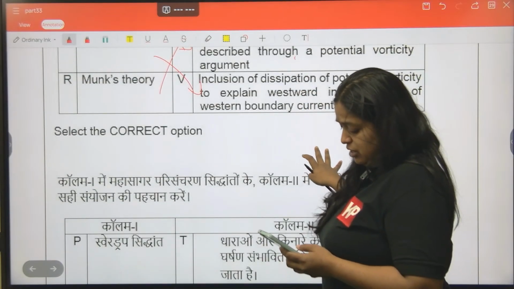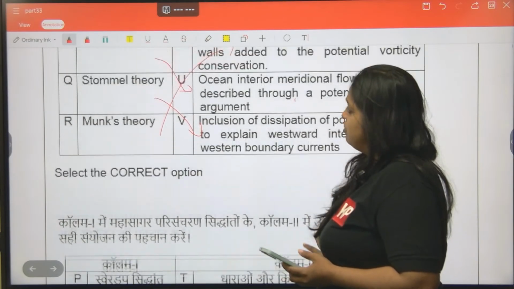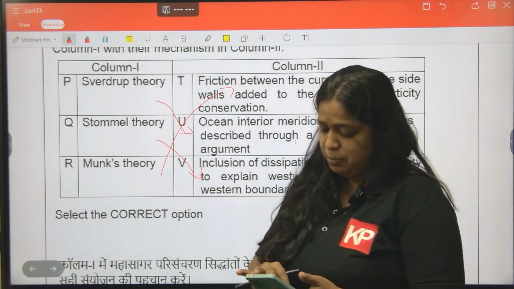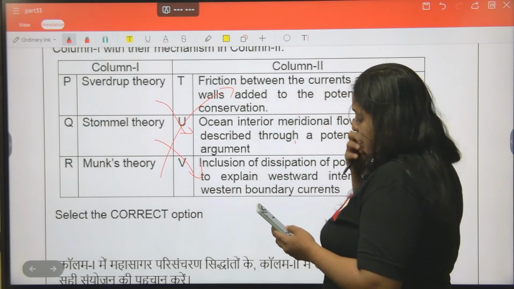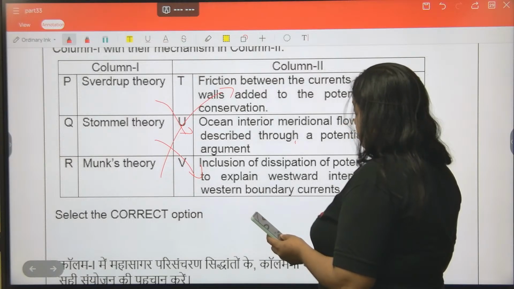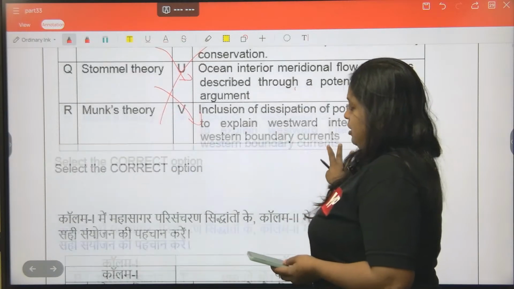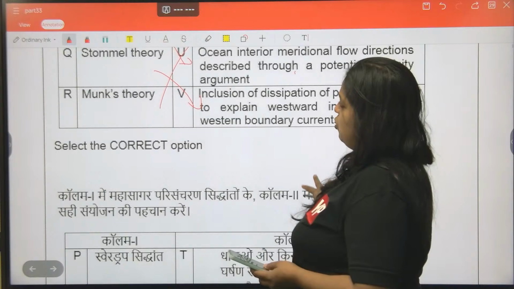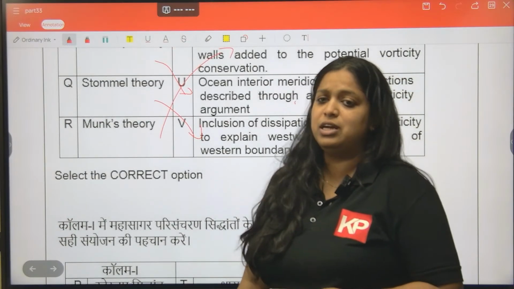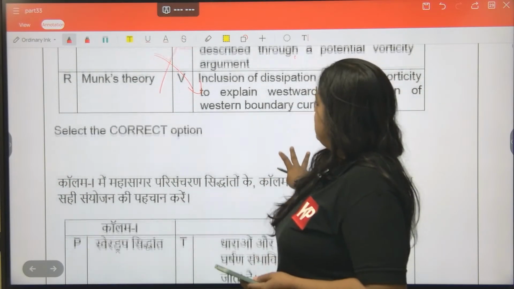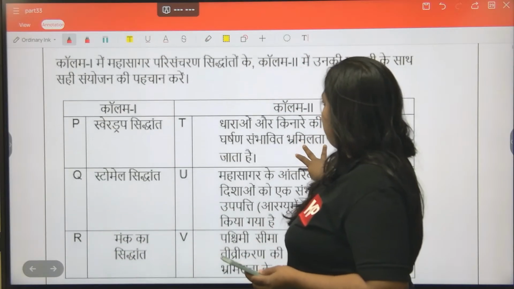If you have any doubts about these 3 theories, please read about the Sverdrup balance and Sverdrup relation in detail. About the Stommel theory also you will get materials online. You will understand what each of them defines.